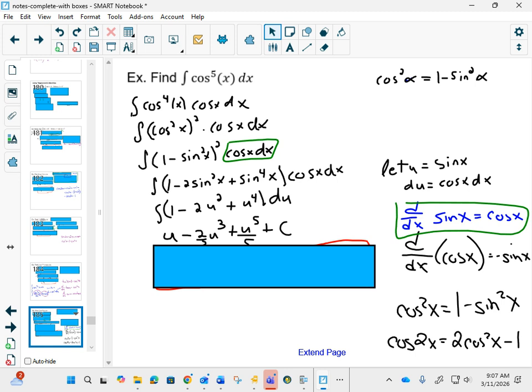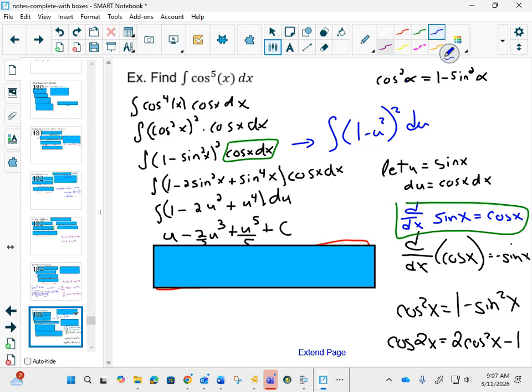Okay, I don't think it would be bad if you had done the substitution before you multiplied it out and then squared it, you would get the same thing.